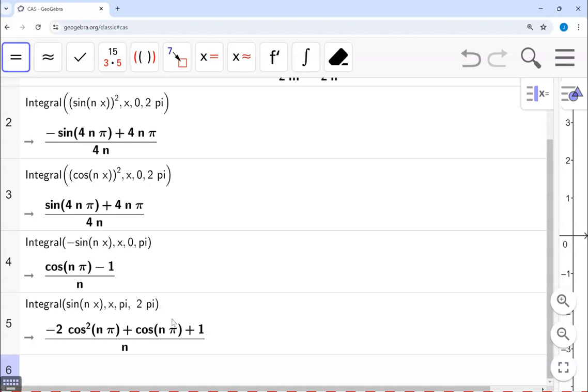Right? So this is going to alternate back and forth between -1, +1 times 2, so it will go between -2 and +2. So when it's +2, the whole thing will be 0. And when it's -2, we'll get -4 on top.